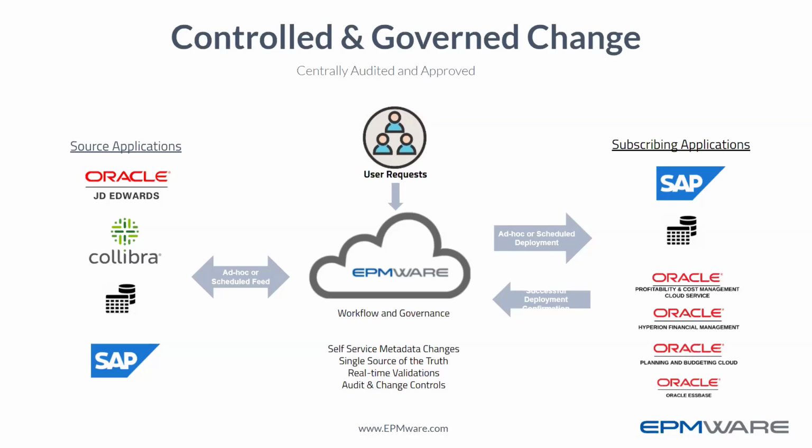As most of you know, we do have target adapters to these applications, and we're continuing to add to the arsenal. We can always add integrations to interface tables, flat files, and lately REST API subscriptions are becoming more and more popular. So, all in all, EPMware really is known as the source of truth for master data and data governance. Next slide, please.